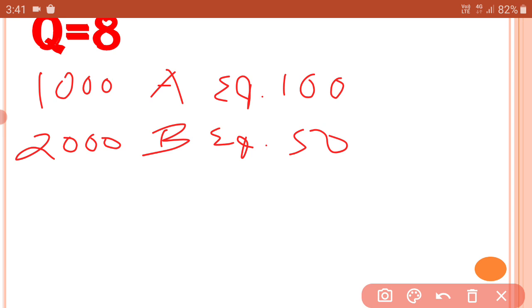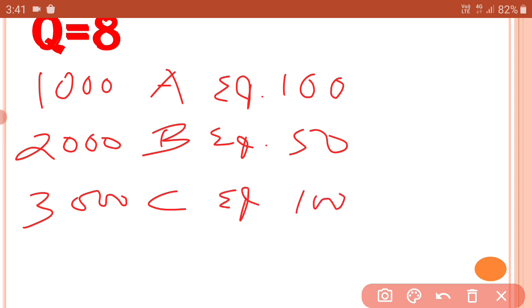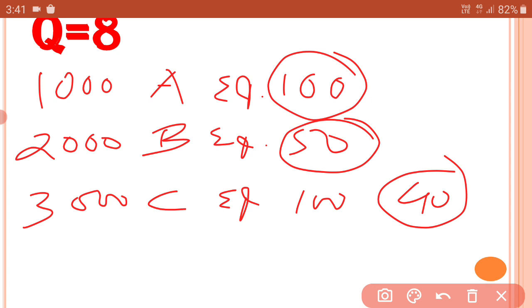And C equity shares, 3,000 shares, 100 rupees each, 40 paid up.